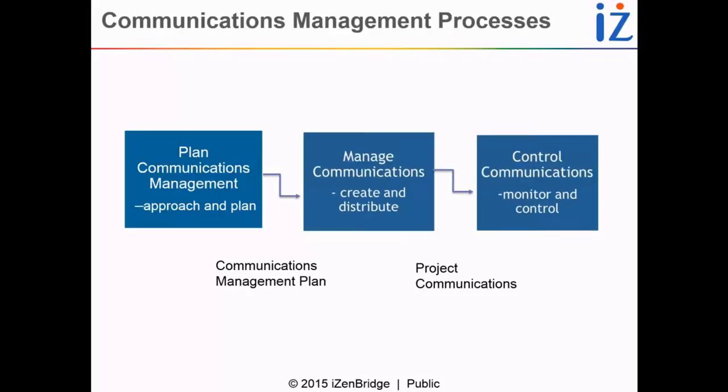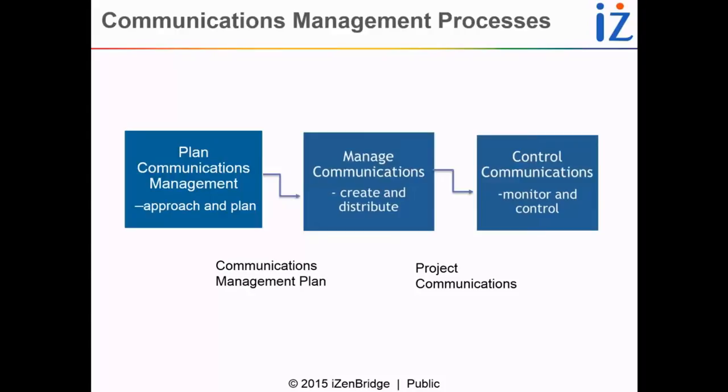So we are monitoring that and we are controlling it, and as an output, usually we may have some change requests. So for example, if we see some stakeholder has been missed, or we notice that the kind of communication that is going to some stakeholder is not effective and they're not getting all the information that they need, then we change the communications management plan.